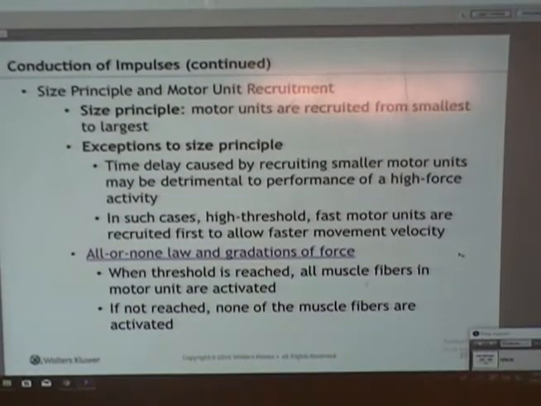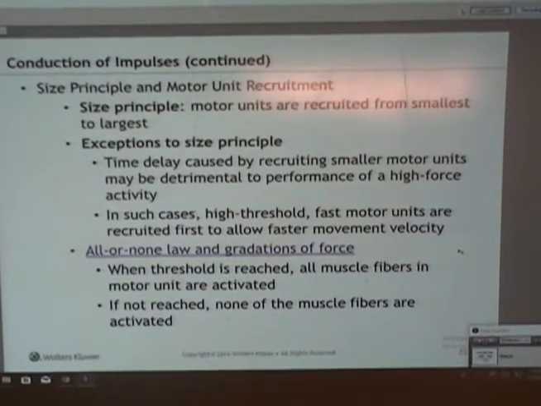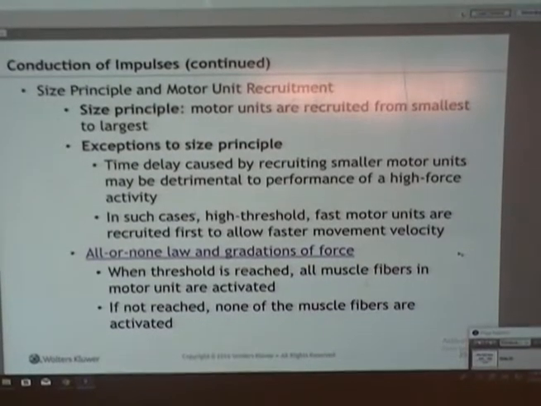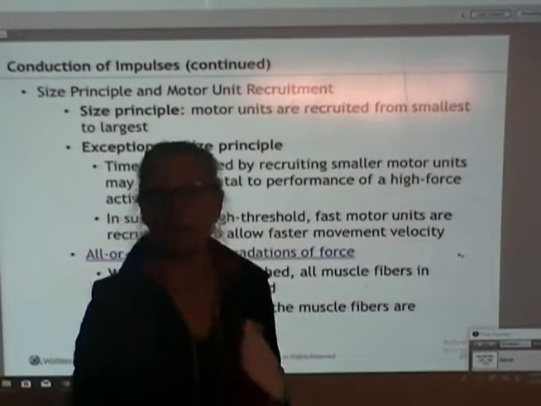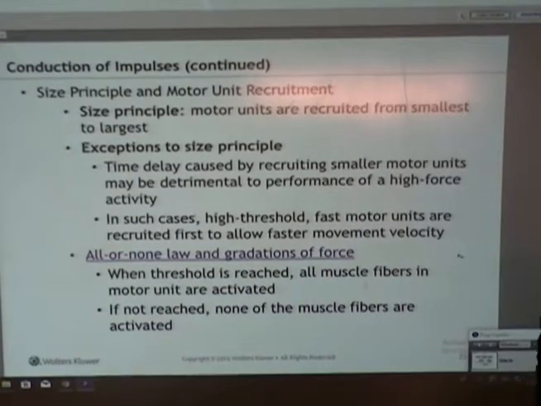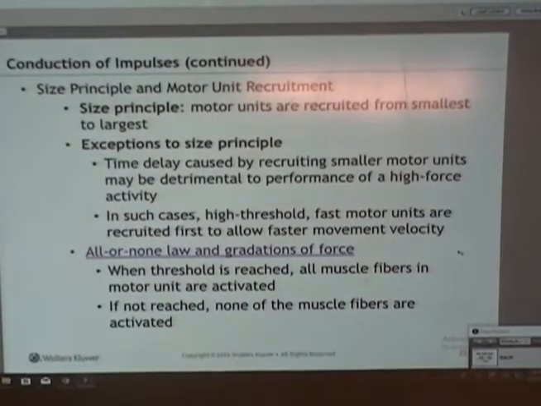So for daily living activities, when I don't need lots of power, I turn on nice, slow motor units. I use my type 1 fibers. They don't get tired very easily, so unfortunately I'm able to push the vacuum around the entire house. I can't plead that I got worn out after half the living room, because I'm not using these, I'm using these, so I just have to keep going.